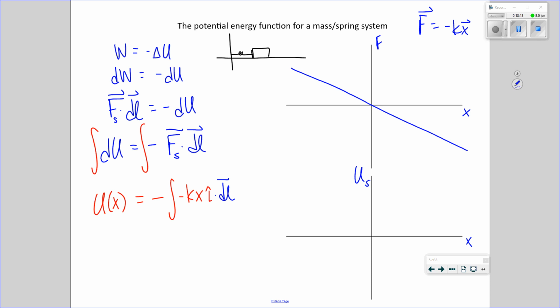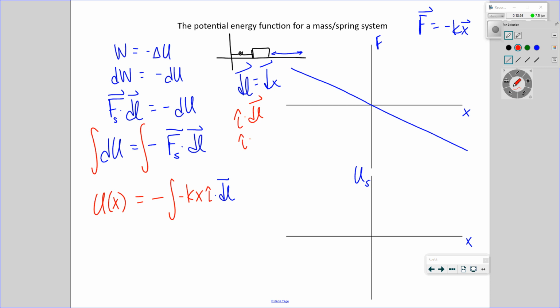Well, guess what dl is? dl is going to be a distance along that axis, so dl is really a dx. And so that means that i hat dot dl is really i hat dot dx vector, which is really dx.